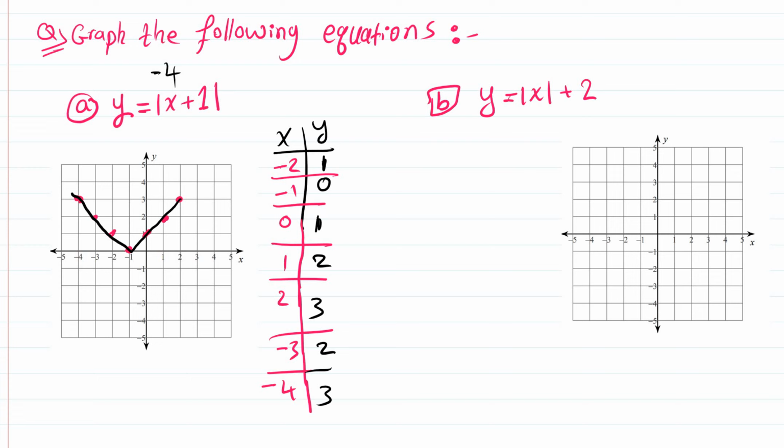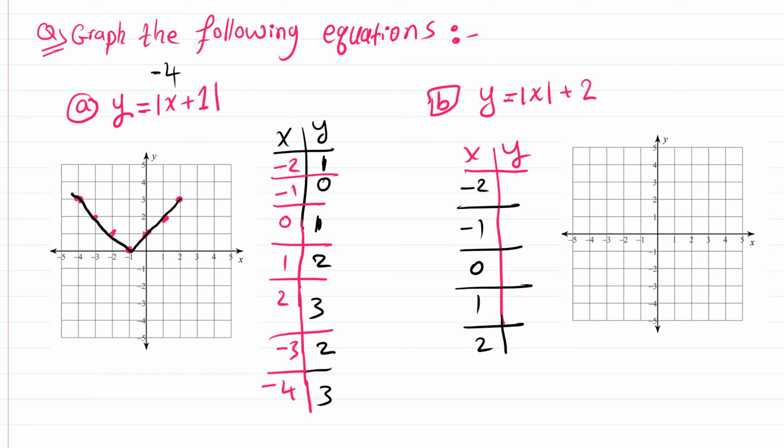Understood? One more example. If you have absolute value, y equals absolute value x plus 2, again draw a table. Any point that you want, you can plug in as input for x, we don't have a problem. So negative 2, negative 1, 0, 1, and 2.